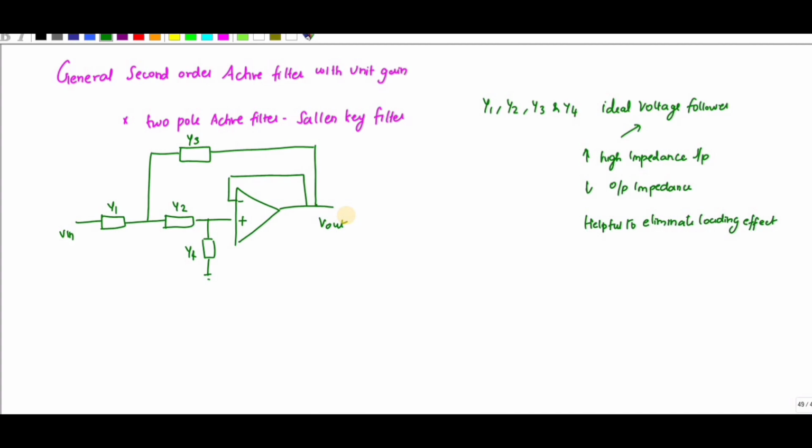So this is the structure of a second order active filter.